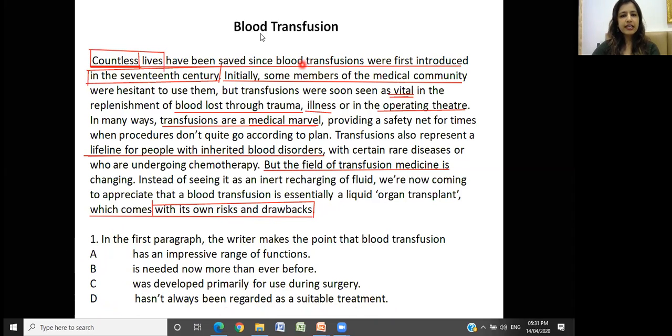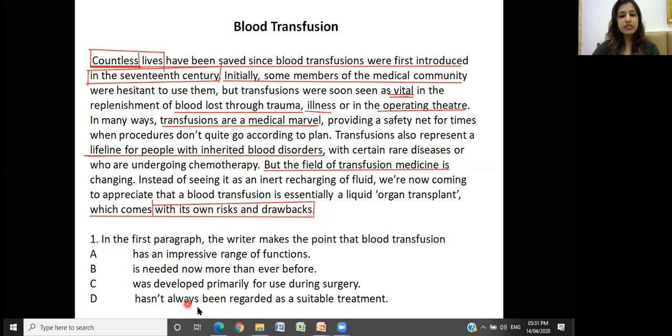Now, if you look at the writer's viewpoint, all the adjectives that the writer has used are very much positive, whereas option D goes exactly negative: "hasn't always been regarded as a suitable treatment." And the word "always" is making the difference, because it says that there are some risks and drawbacks, but now we have started to appreciate that.